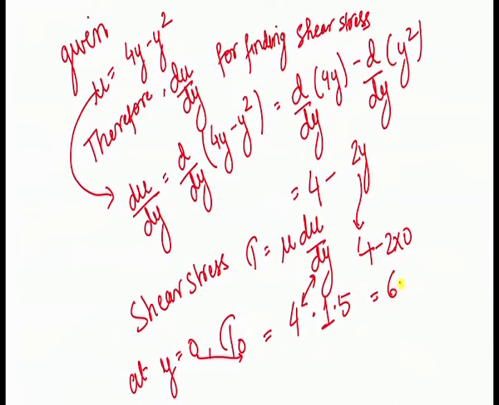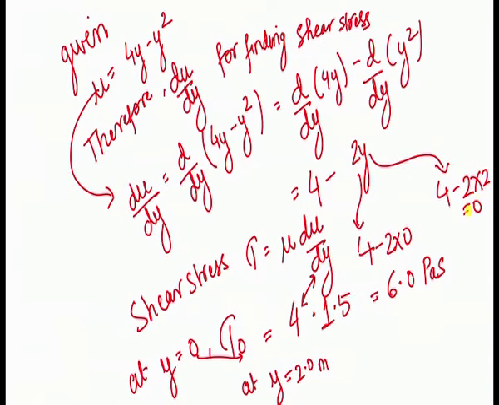So this comes out to be 6.0 Pascal. In the other case, at y is equal to 2 meters, 4 minus 2 into 2 comes to be 0. Therefore tau at 2 will be mu times 4 minus 4, that is 0. So this is the first question.